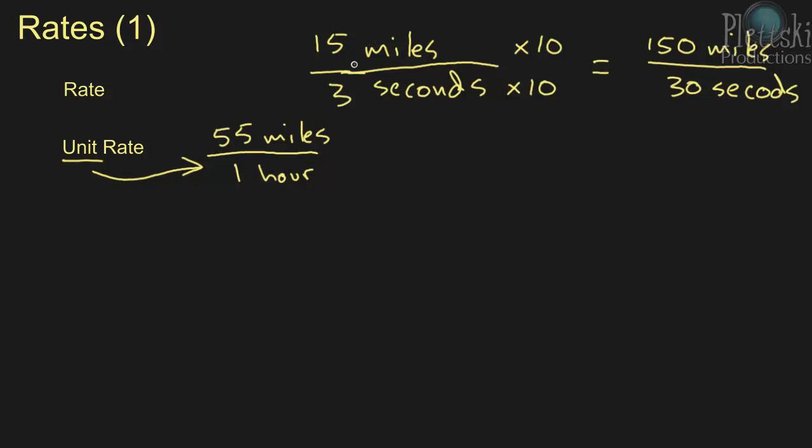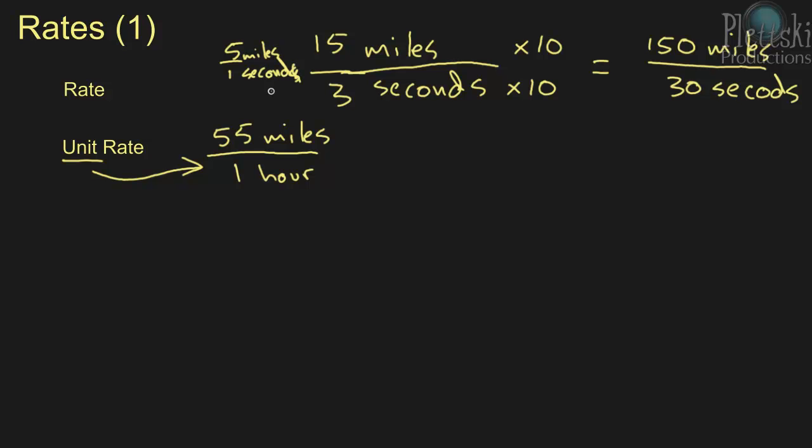And they could be simplified if you divide them both. Well, if you take the original 15 over 3 and divide it by 3, you would get 5 over 1, or just 5. So it'd be 5 miles per every second, and that would actually be a unit rate.